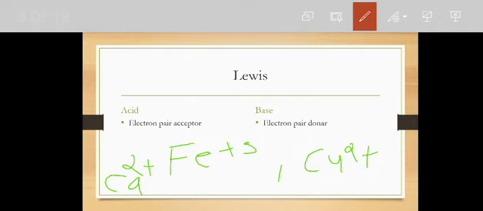They are electron deficient, and they require electrons. So a metal cation always acts as an acid. Always remember, metals in their ionic form are always electron deficient, and they act as an acid.